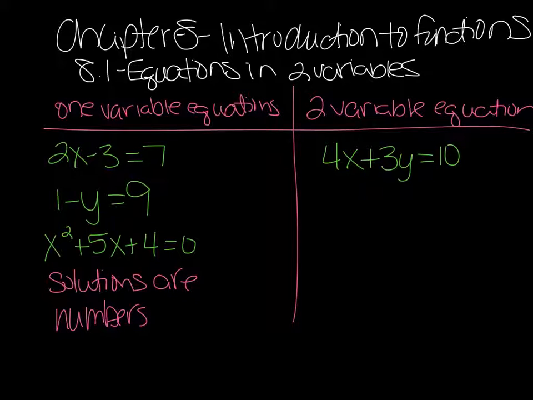So notice I have an x and a y, 2 variables. Or xy equals 6. Or even if we want to get more complicated, x squared plus y squared equals 4. Okay, more complicated, but still 2 variables.